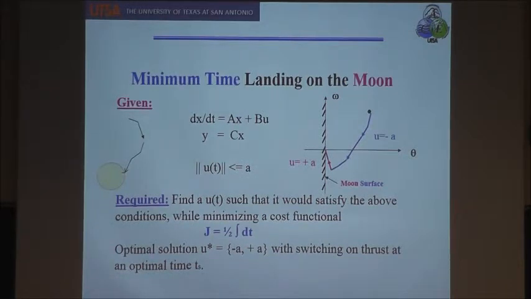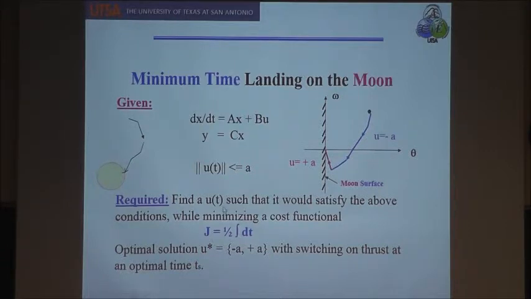Here is how the moon lander landed. You have a linear continuous time system, you have a linear sensor, and you have the constraint on the control signal. This control signal can only take two values, either -A or +A. In between, it turns out to be non-optimal.